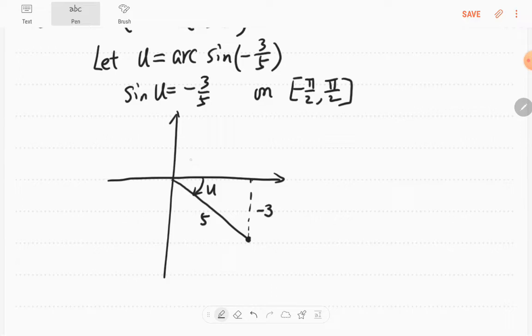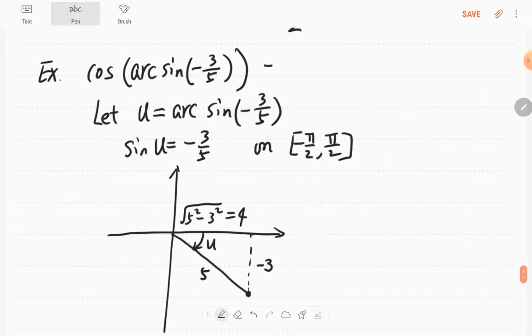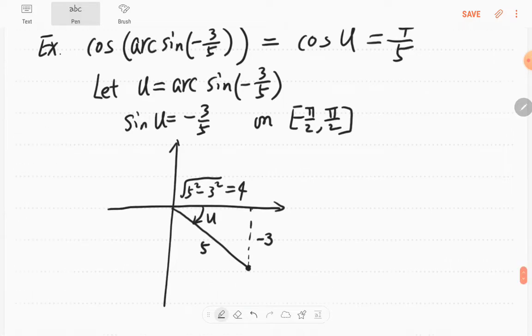So this side is the square root of 5 squared minus 3 squared, which is equal to 4. So our problem becomes cosine u, which is adjacent over hypotenuse, so it's 4/5. We always use a triangle to help us.